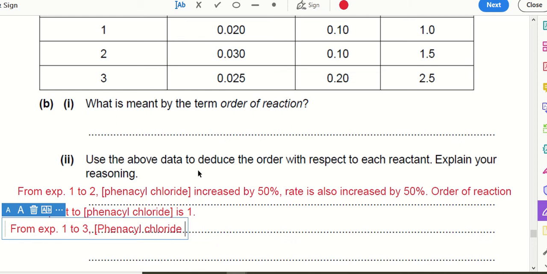Let me use a calculator to calculate this. 25%.